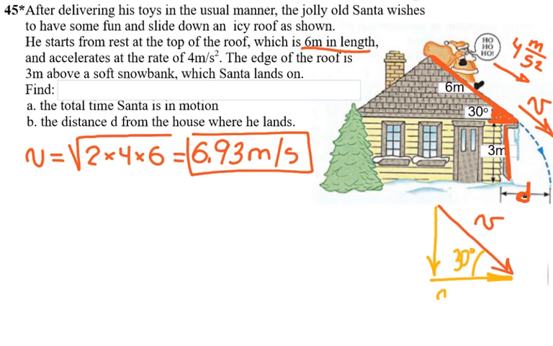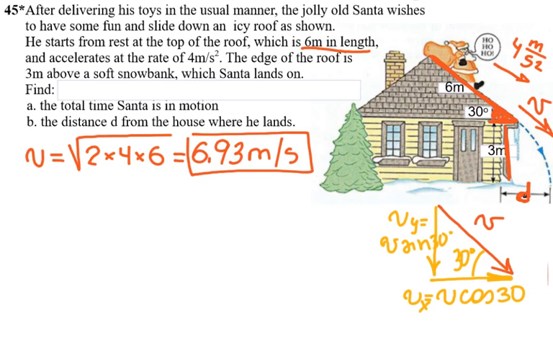So this is vx, which is v cosine 30, and vy is v sine 30 degrees.